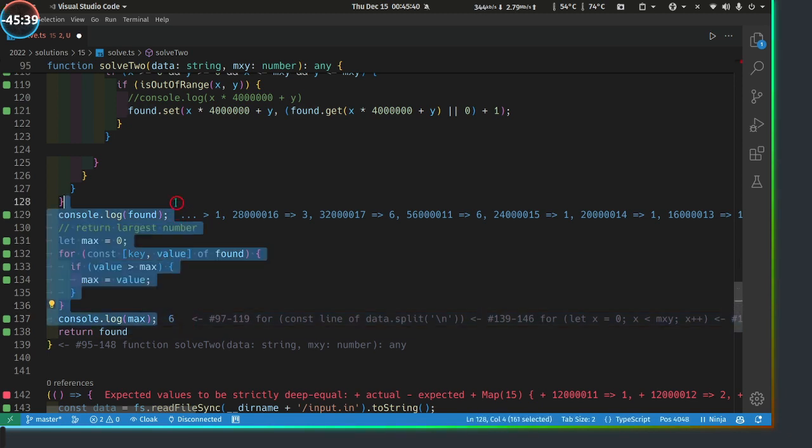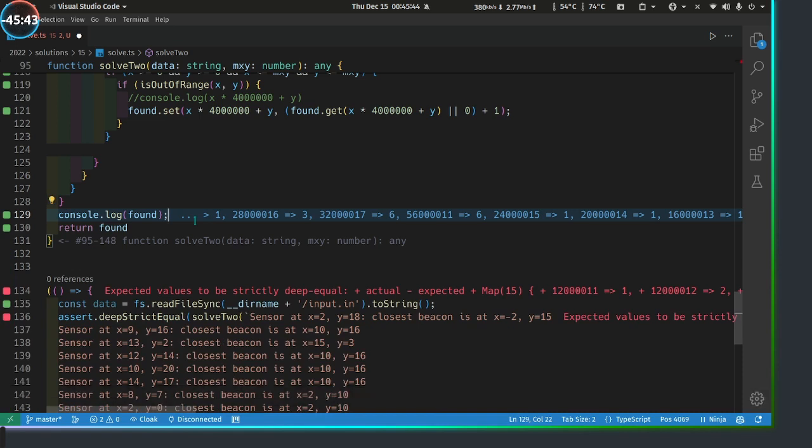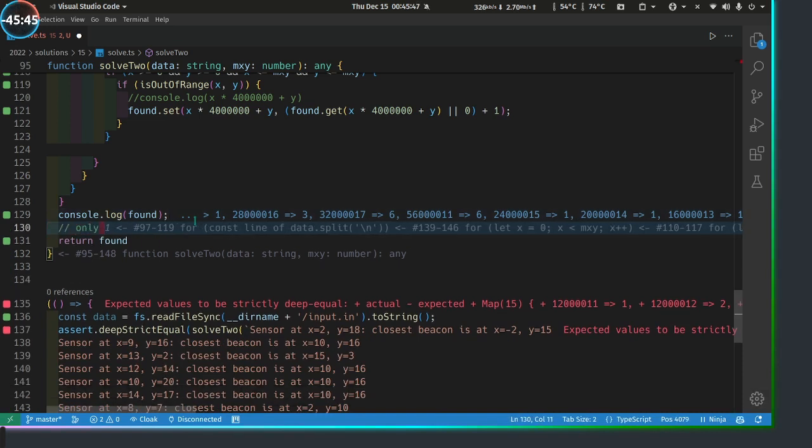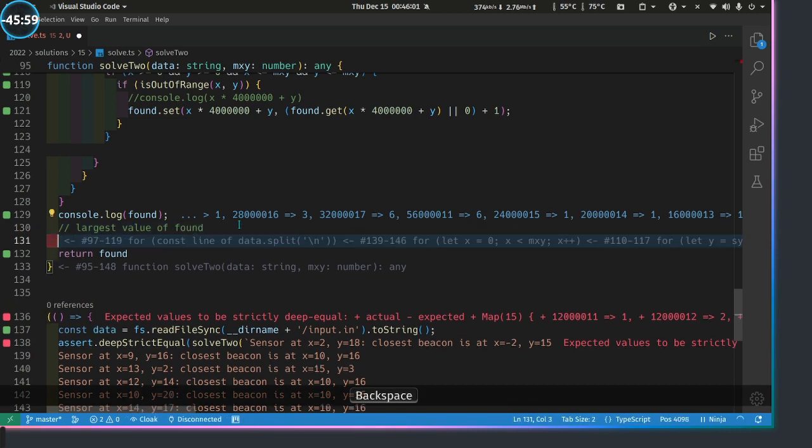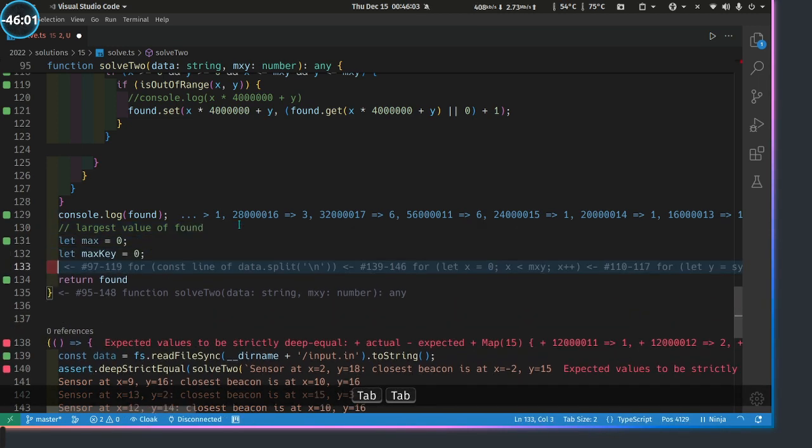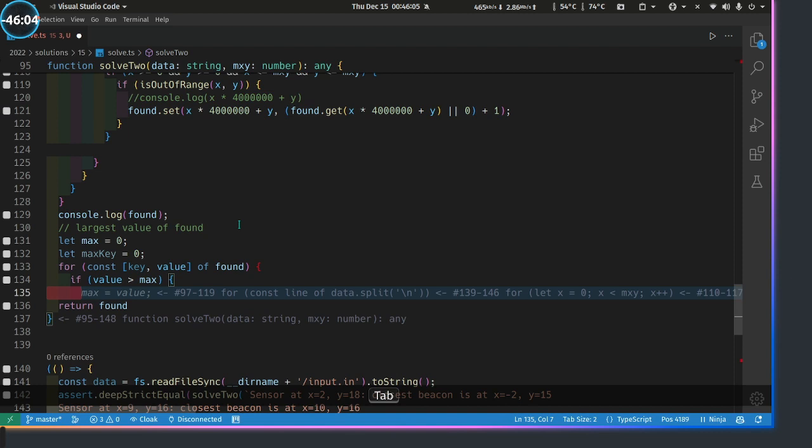Great, just maybe I can just console log this and get by with it. Well, my phrasing is failing me already. Get all. Well, get largest value of found. Figure that one out. There we go. Okay. Oh, we finally got the key.